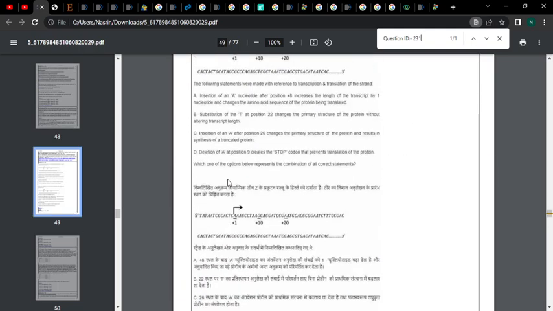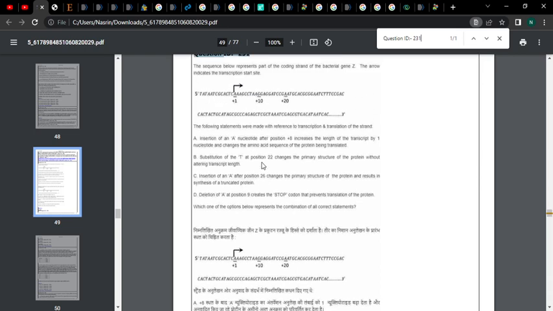Option number C alone is correct. They are saying insertion of A after the position of 26 changes the primary structure of the protein and results in truncated protein synthesis. If you take position number 26, 1, 2, 3, 4, 5, 6, and you change that particular thing, that is, insertion of A after position 26, this alone is the correct thing.